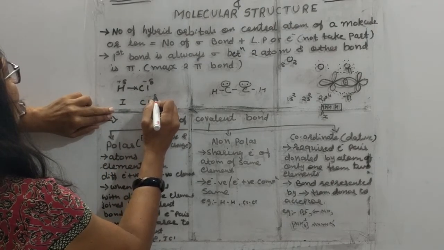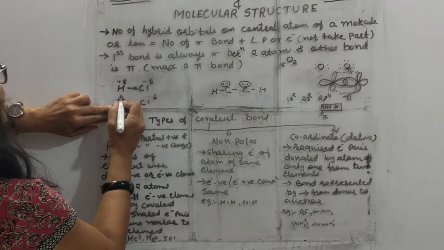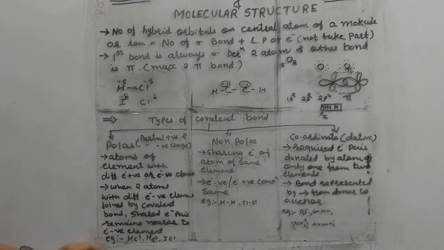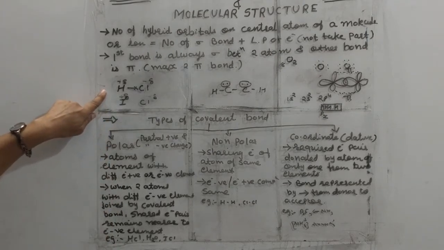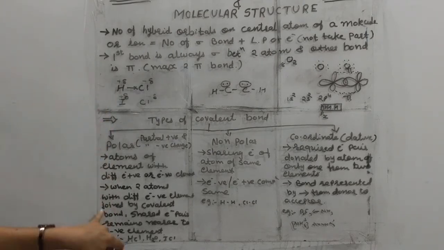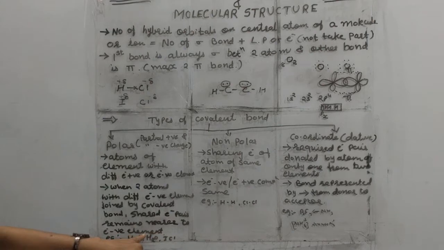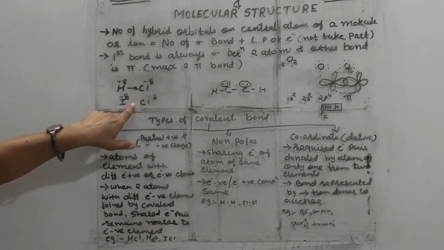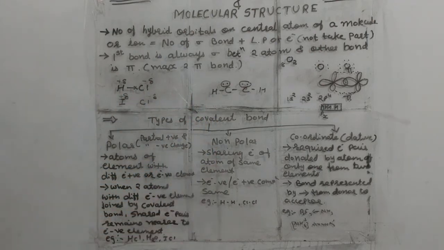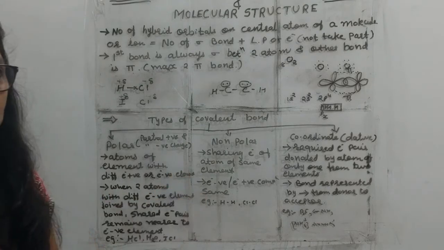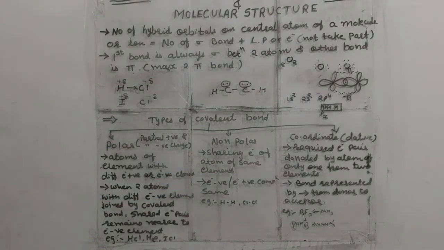So chlorine possesses partial negative charge and iodine possesses partial positive charge. So this is the example of polar covalent bond. This shared electron pair remains nearer to the electronegative element because it has the tendency to attract it closer. So that's why it is known as the polar covalent bond.